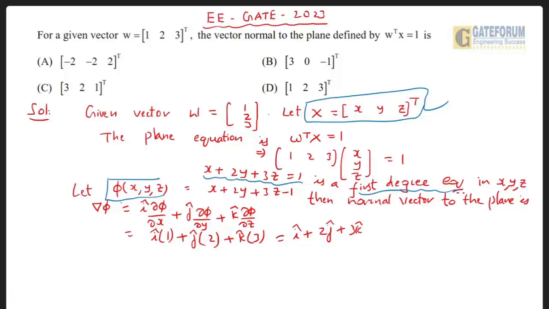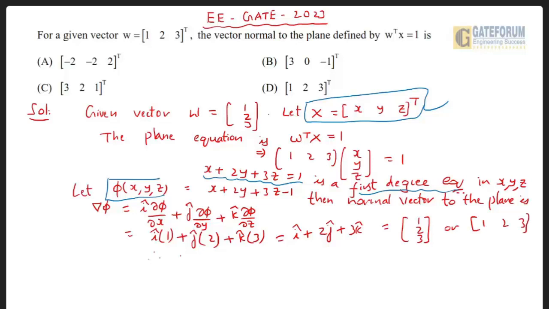Now they are asking for the vector normal to the plane. Every vector can be represented as either a row matrix or a column matrix. Please refer to the books. This can be written as either a column vector [1, 2, 3] or a row matrix [1, 2, 3].